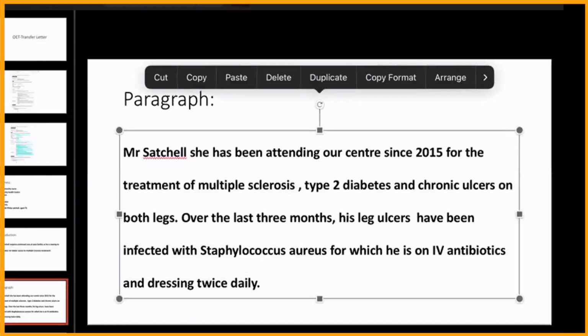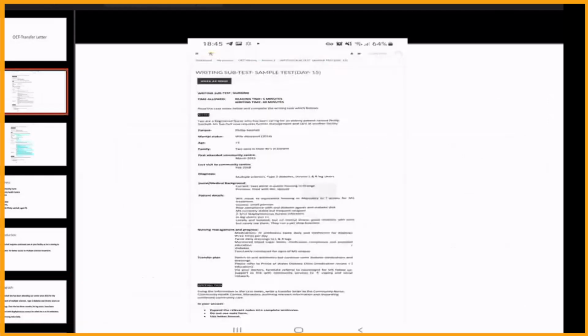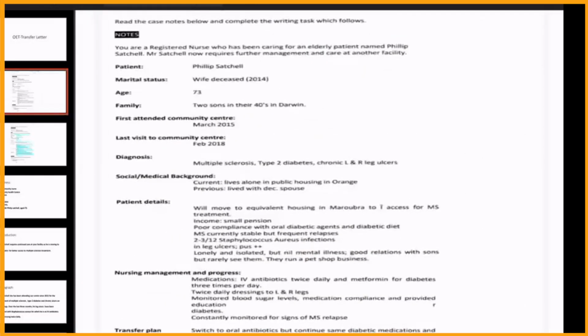Can you see it? Yes, ma'am. What are the next things we need to write? We have finished the leg ulcers; type 2 diabetes and multiple sclerosis remain. The second paragraph is quite long, so we can finish up there and start a fresh paragraph, where we write both about the diabetes and the MS together. So, what is the information related to diabetes? Let's sort it out.